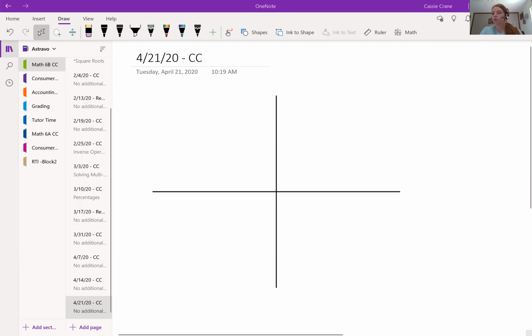We work a lot with the coordinate plane in our algebra classes. We work a lot with it in our geometry classes. So you'll see this a lot, and it'd be awesome if you could understand it and get used to it now, so that when you see it in the future, you're already ahead of the game. So that's what we're going to do.